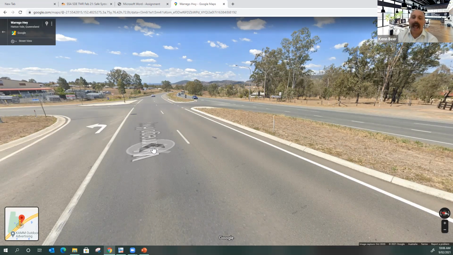In an actual safe system assessment, you don't really take that into account. You look at that sort of stuff, but your exposure analysis is just based on the numbers: the number of vehicles going through here, the number of vehicles here, the number of pedestrians crossing, the number of cyclists using the road. So it's just a numbers thing in exposure.